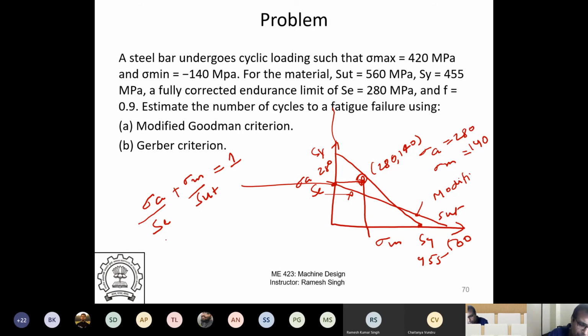I have to find out what will be sigma rev.